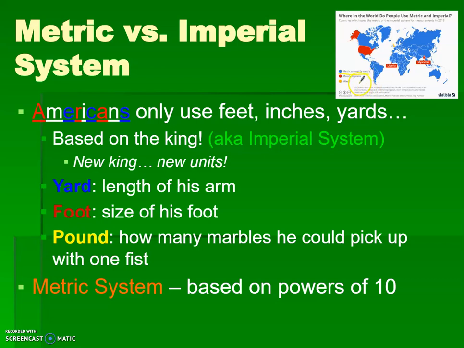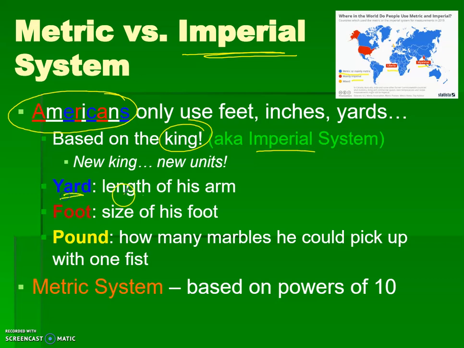The only place where it is the imperial system, which is based off of an actual king, is going to be the United States and Liberia and Myanmar. So not very much, but it's kind of ironic that we still use an imperial system because we are Americans and we have broken factions from King George.